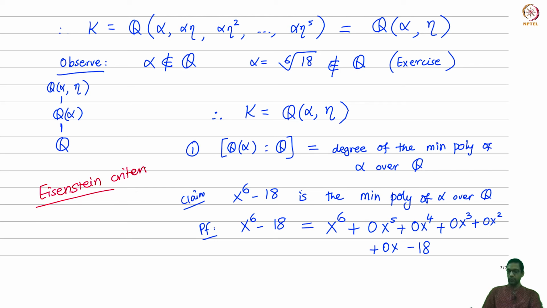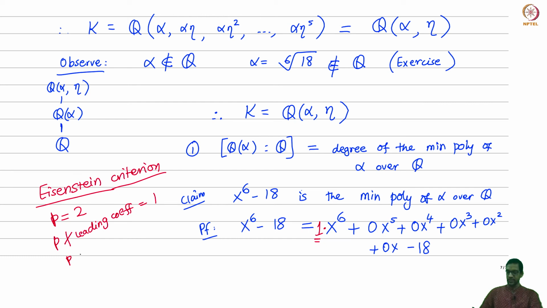It says if you can find a prime p, and in this case I'm going to take the prime p to be 2, which has the following property: this prime does not divide the leading coefficient. The leading coefficient in this case is 1, so that's all right. In this case, that's true.